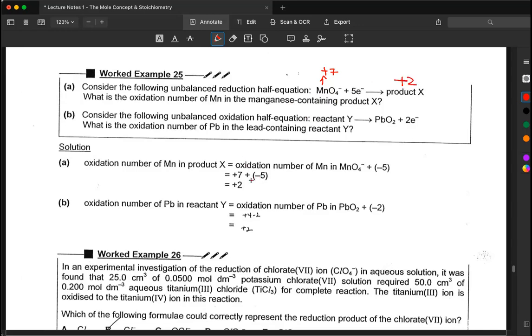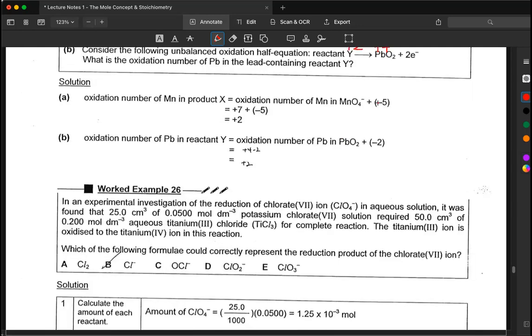That's what you get. As for this one, oxidation number of Pb in reactant is +4. So +4 minus 2 gives you +2.